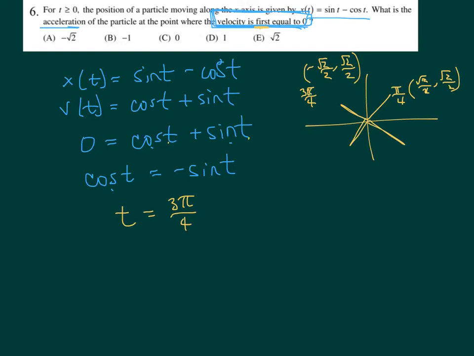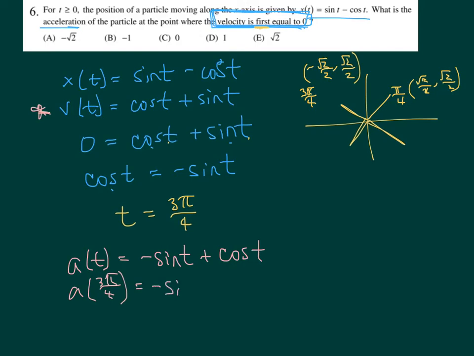All right, so next step is to go ahead and find a of t. So I'm going to take the velocity function right here, and I'm going to take its derivative. So the derivative of cos is negative sine t, and then the derivative of sine t is cosine t. All right, and now I need to find the acceleration at the time 3 pi over 4, at that angle. All right, so negative sine of 3 pi over 4 plus the cosine of 3 pi over 4.